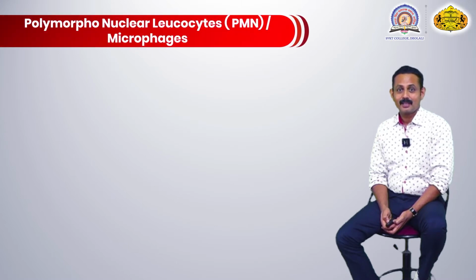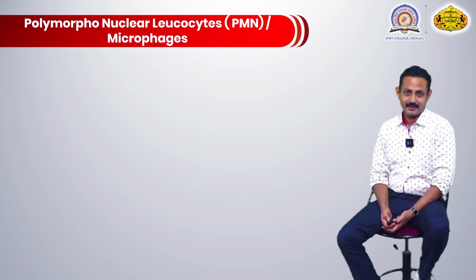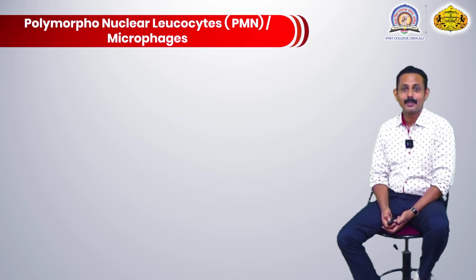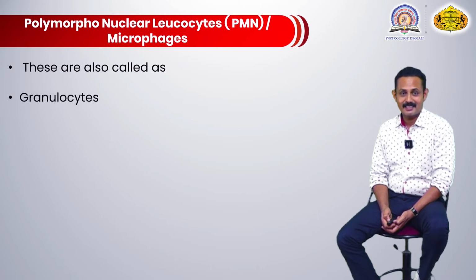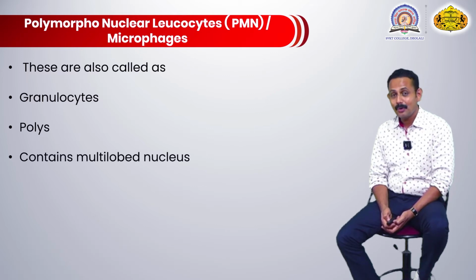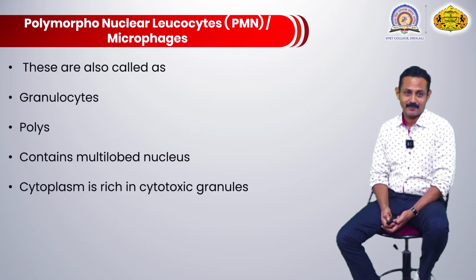Now, the other type of phagocytic cell I want to tell you about after the macrophage is the microphage, which is also called by another name, polymorphonuclear leukocytes or PMN cells. These cells are also called granulocytes or polyps because they contain a multilobed nucleus having more than one shape.